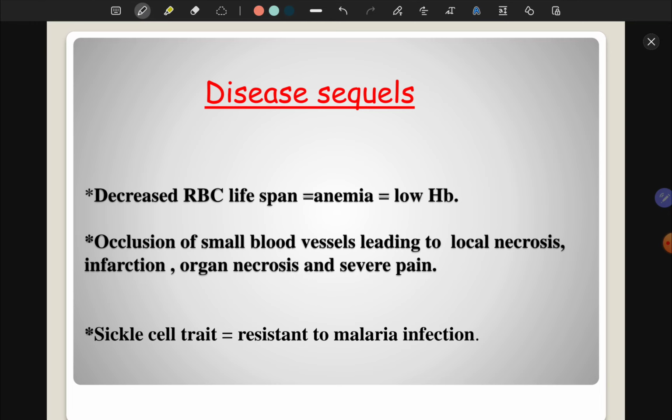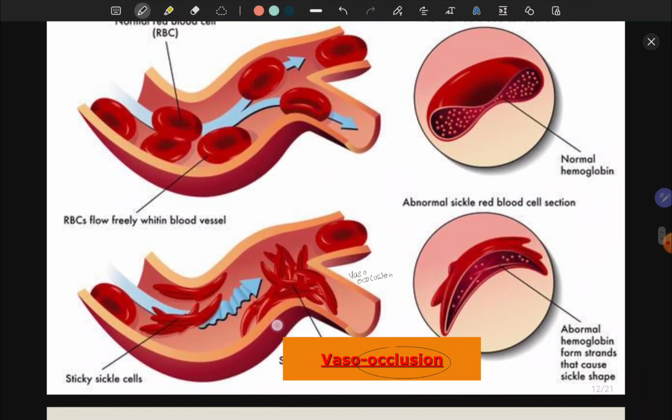You know why there is necrosis or infarction when there is a blockage of the blood vessels. Why? Because the RBCs tend to aggregate with each other, and they tend to adhere to the endothelia of the blood vessel. Endothelia are the cells lining the blood vessels. So there's a blockage of the blood supply, and the blockage is painful.